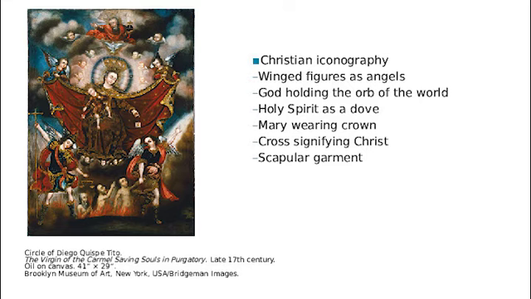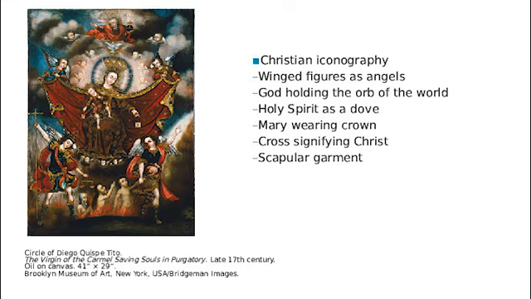religious symbolism here. So this is some Christian iconography. You can see it's jam-packed with symbolism. There are these winged figures as angels. God is holding this orb that represents the world and how he has the world in his hand, in his care. And the Holy Spirit is represented as a dove. Mary wears a crown to show her royalty and holiness, and a sort of authority over people as well.